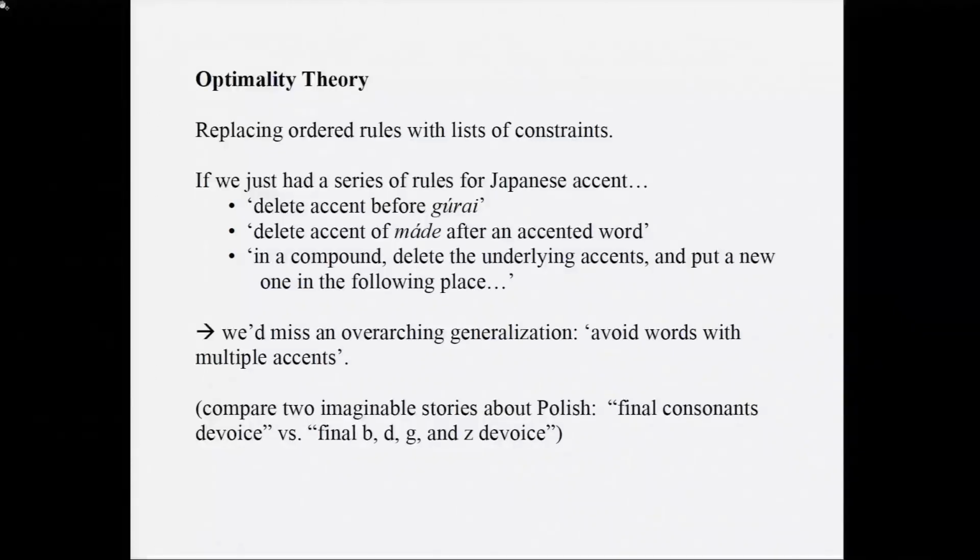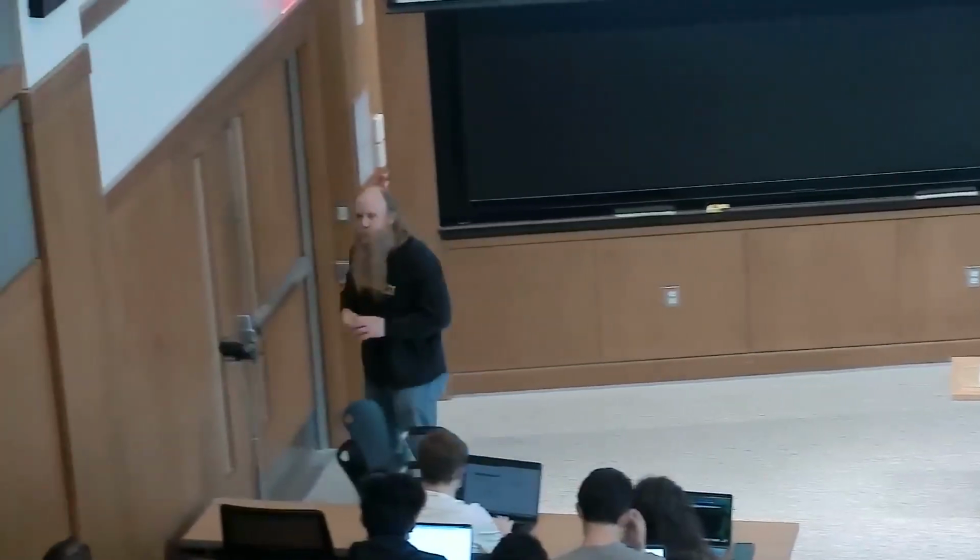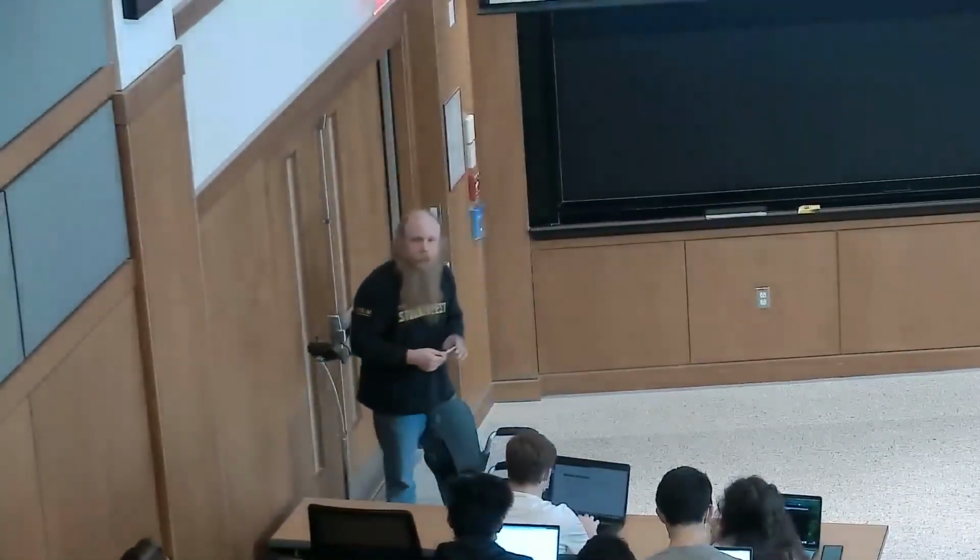We've talked now a couple of times about Polish. Polish is one of a number of languages in which if you have certain kinds of consonants at the ends of words, consonants like B and D and G and Z, we convinced ourselves that they devoice, they become voiceless at the ends of words.